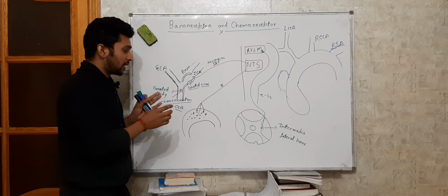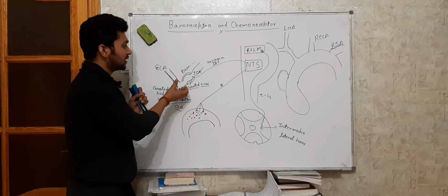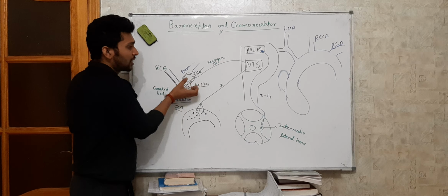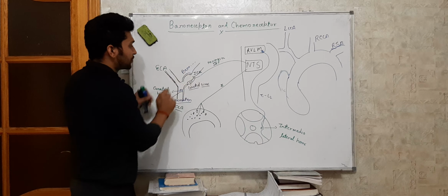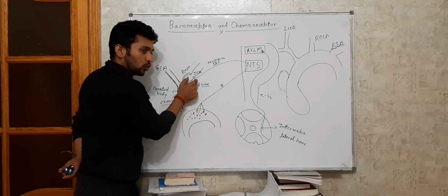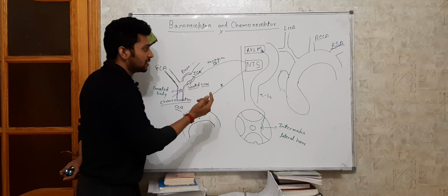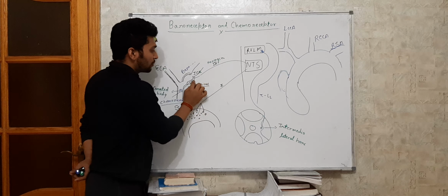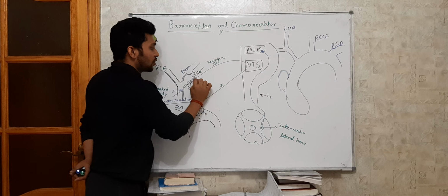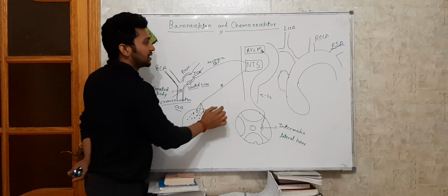And the number: we have two carotid bodies and one carotid sinus. The sinus is nothing, it's just like a pipe. From the carotid sinus, one nerve, the ninth nerve, which we also call Hering's nerve, is going to the nucleus tractus solitarius.